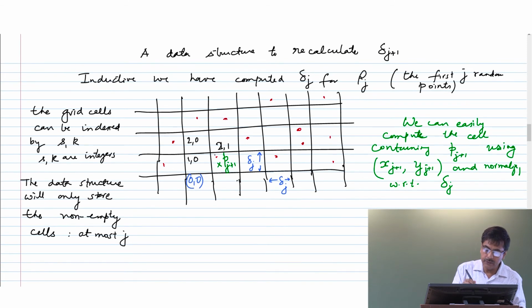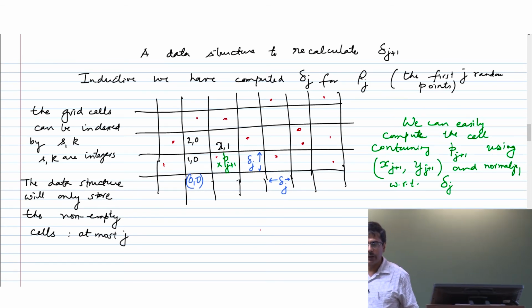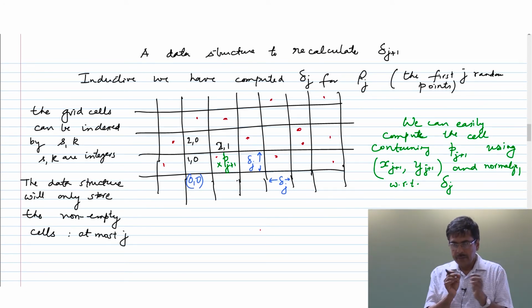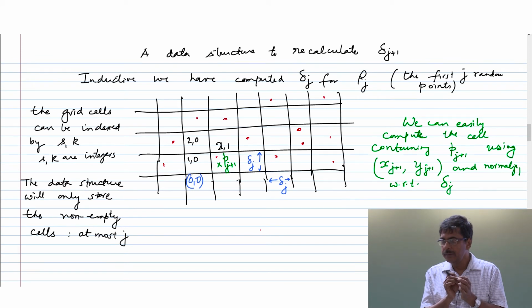If there was a red point inside here, then that cell is stored, and I can fetch that cell and check whether it is really close to that red point, and if so, then the distance is going to change.